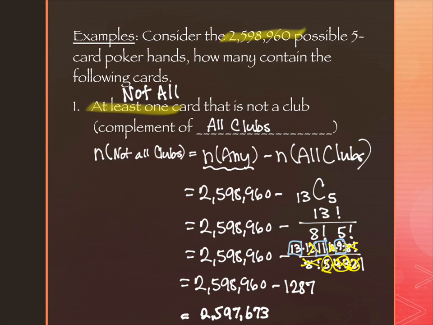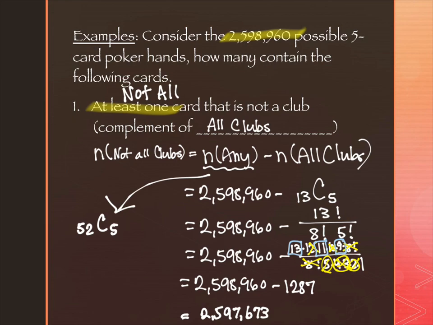Now, when you do other problems like these, you may have to calculate that quantity too, right? So you might have actually had to do this first part. This first part would have looked like 52 choose 5. That's what we did: 52 of any cards, choose 5 of any of those cards. That would have given us the 2 million number. And then we subtract off choosing all clubs.